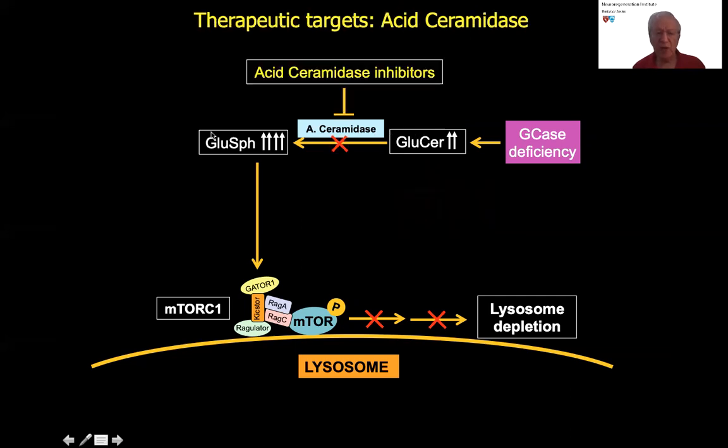But if we block it, we ask the question, is this sufficient to rescue the phenotype? And the answer from all the data that I show you is yes. So this is the last enzyme involved in the synthesis of this lipid, and it might be more effective to use an acid ceramidase inhibitor than a global glucosylceramide synthase inhibitor.